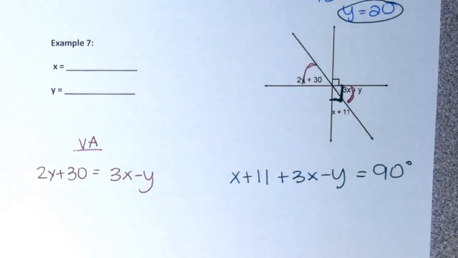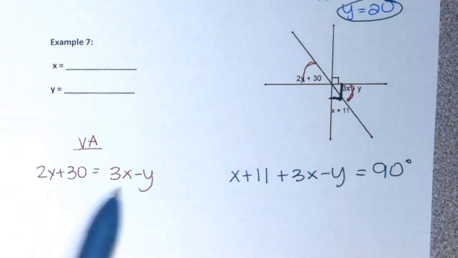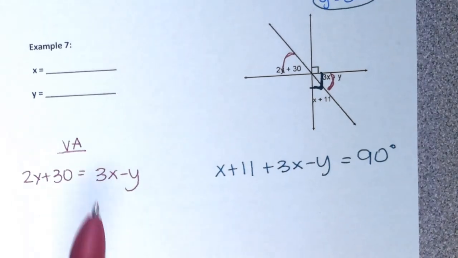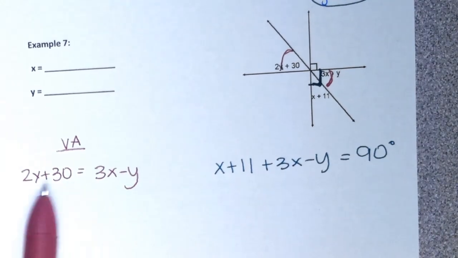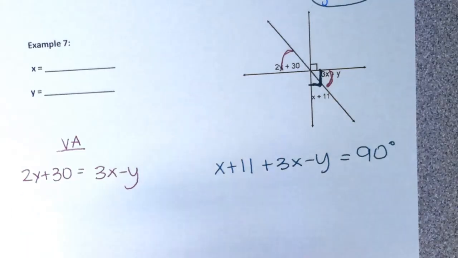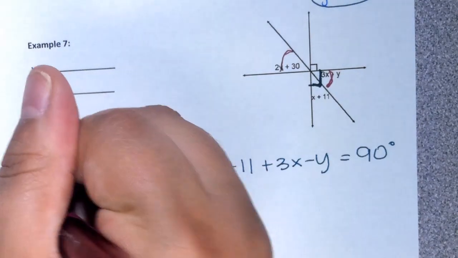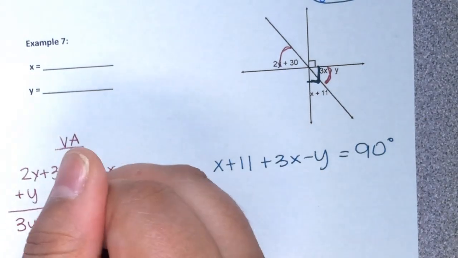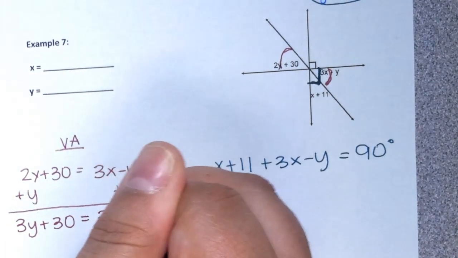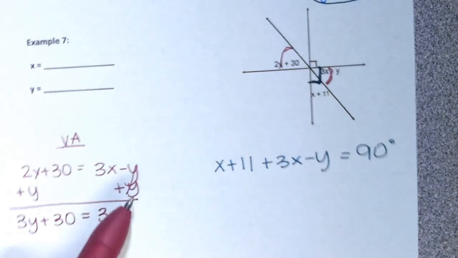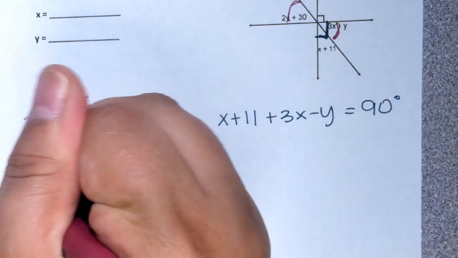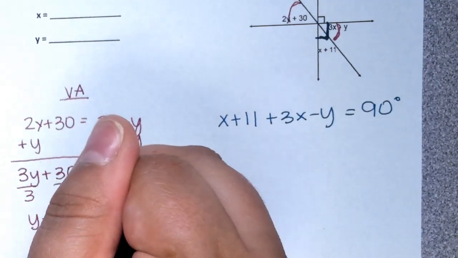What do we want to get by itself? X. We can get x by itself right here. That actually might work really pretty. How do we get x by itself right here? Add the y. So 3y plus 30 equals 3x. How do I get x by itself? Divide by 3. Yeah, this one's a lot prettier.